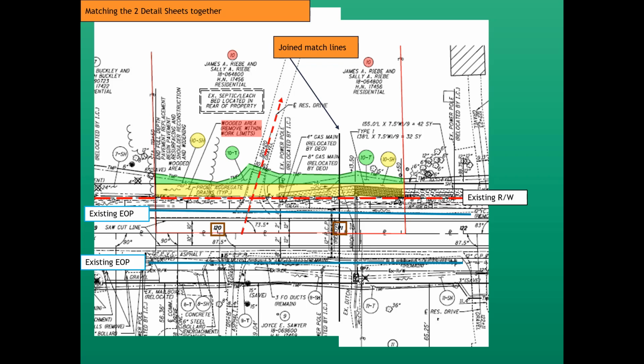On the previous photograph, the Google Earth photo, we were looking up the driveway at the house. We've just inserted a dotted red arrow, and that's the driveway going up to the house. And what we're looking at now is a blow up from the property map portion of the right-of-way plans for parcel 10. You can see that the house and the detached garage is set back somewhat from the road frontage.